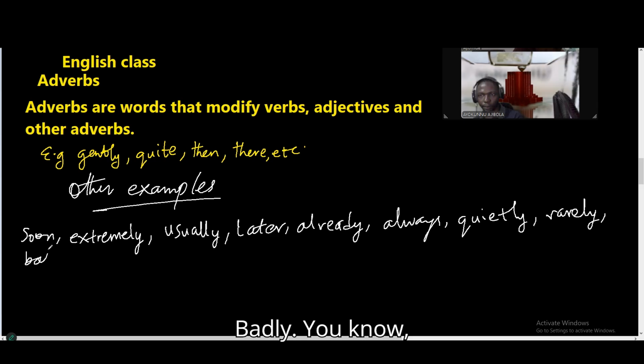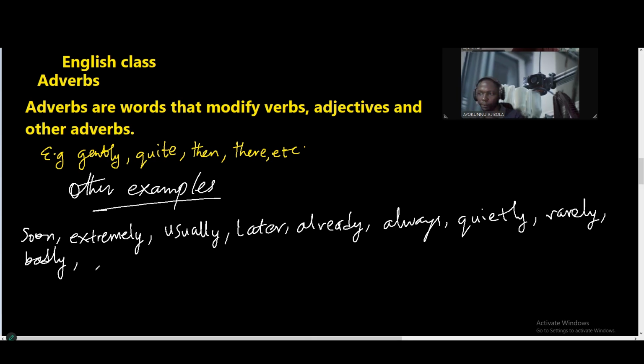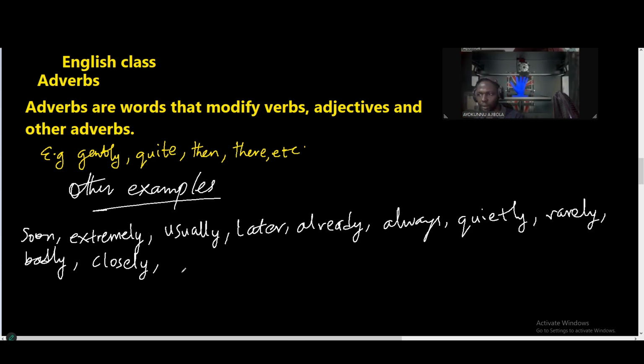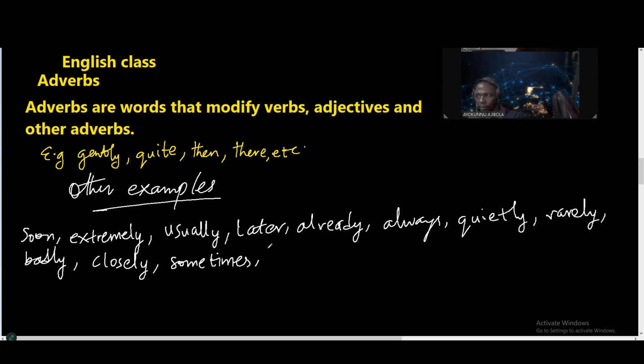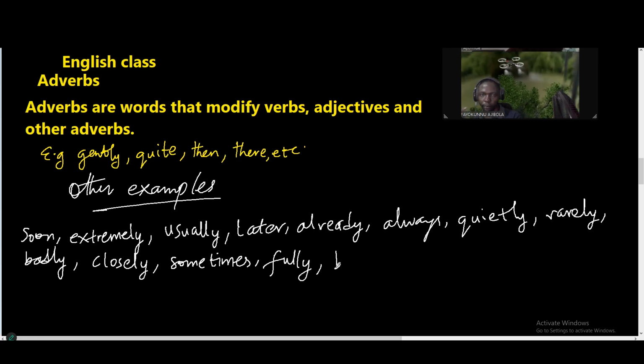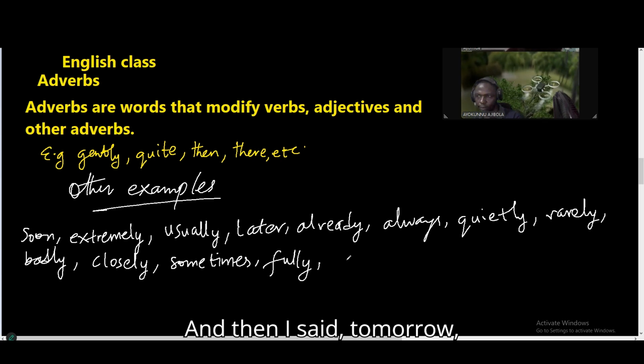Badly, closely. You say sometimes, fully.